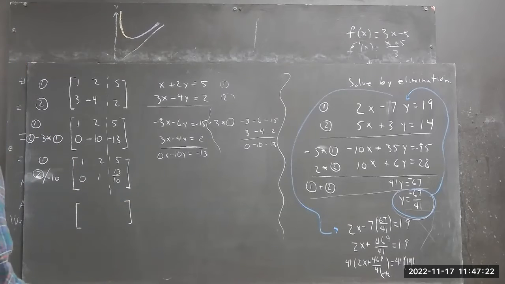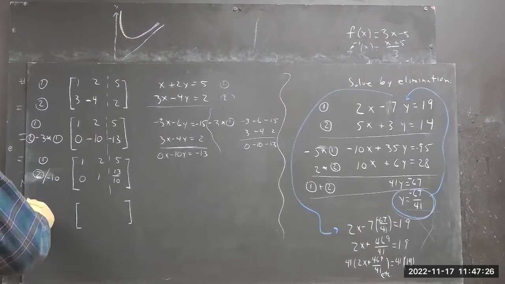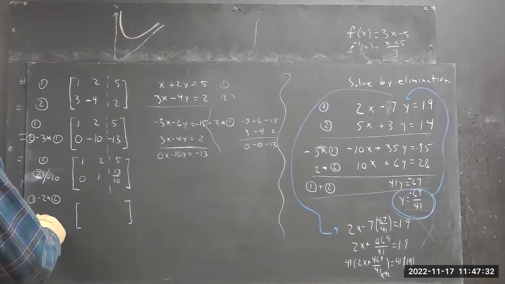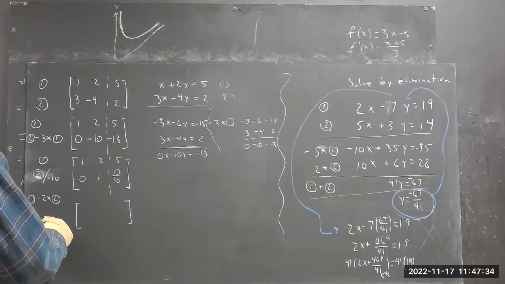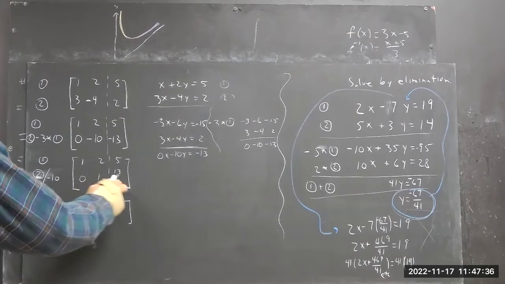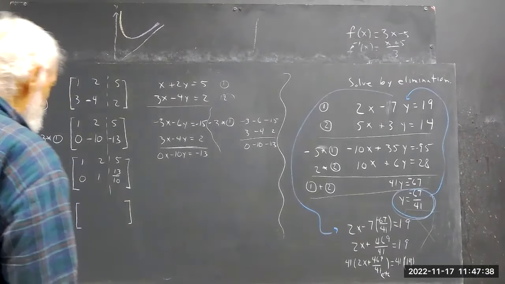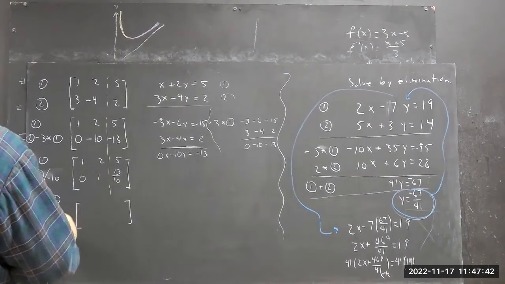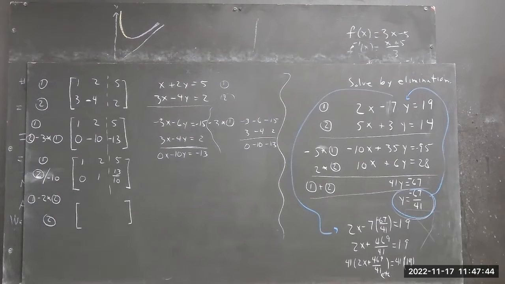Next thing I'm going to do is I'm going to do row 1 minus 2 times row 2. I like row 2 the way it is because I've got a 1 here, meaning I've got just y equals. Let's see.